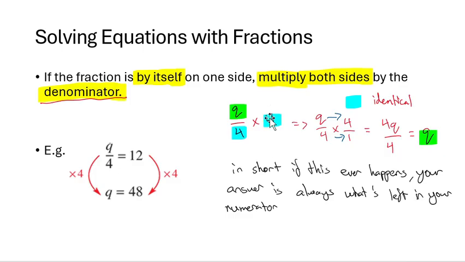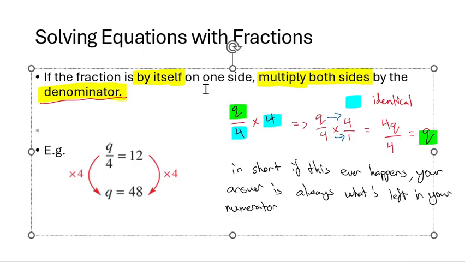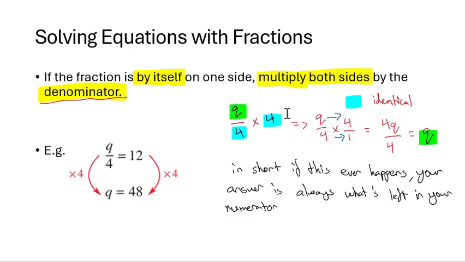Another way of writing the whole number 4 is 4 over 1. And remember, if you multiply fractions, you always just multiply across. So q times 4 is 4q, 4 times 1 is 4, and you're left with 4q divided by 4. You simplify that fraction, and it ends up being the letter q.